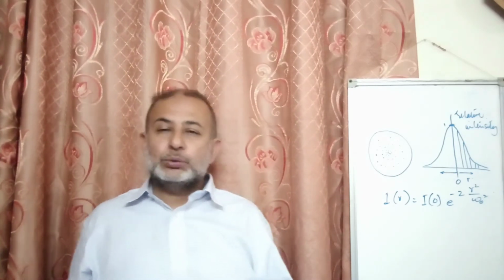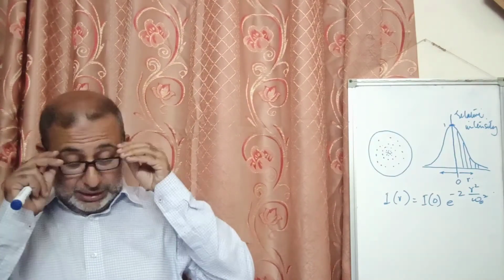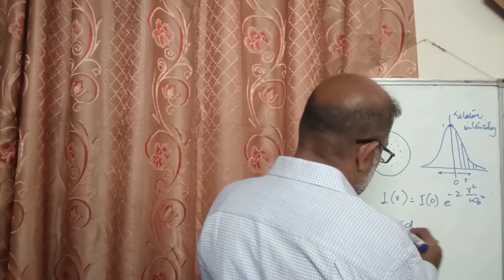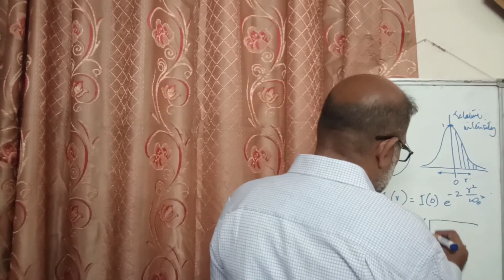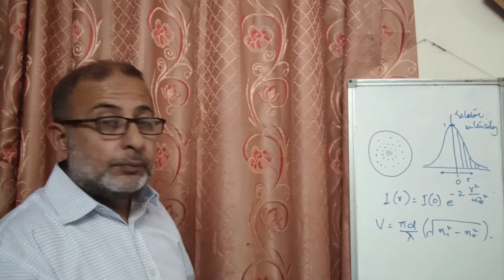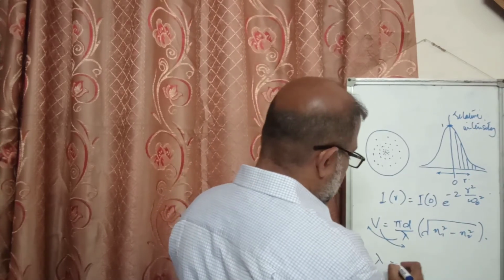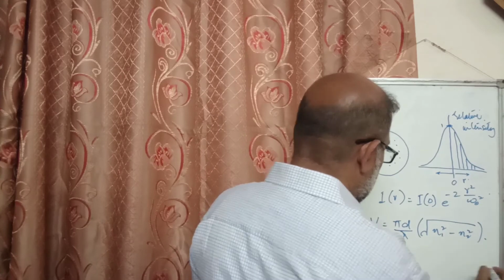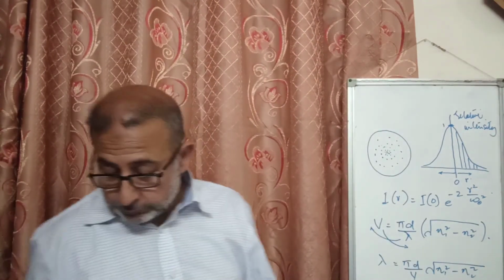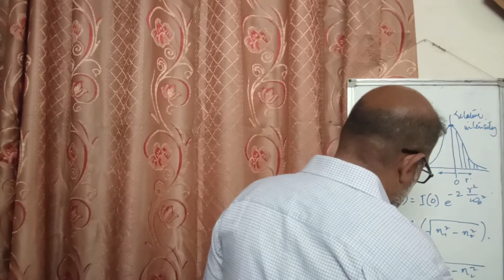If we put this value 2.405 in place of V and try to find out the value of lambda in this particular equation, we can replace V with 2.405.